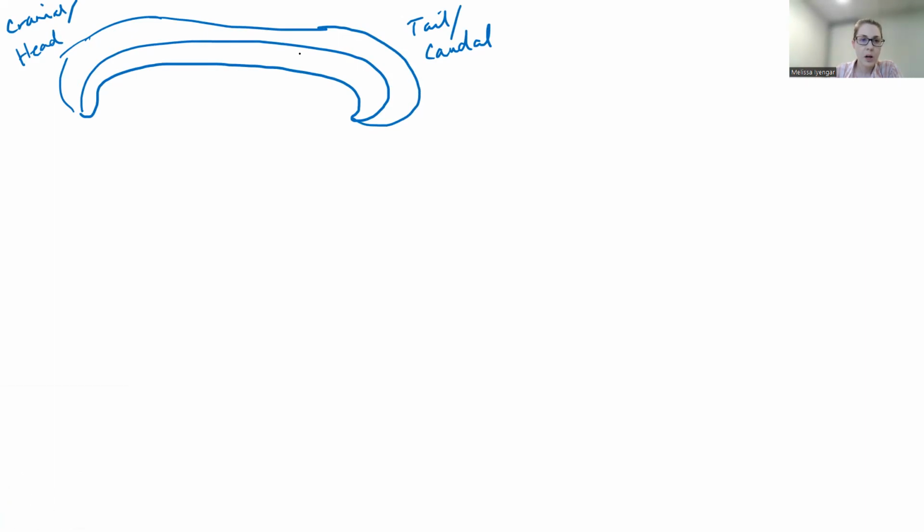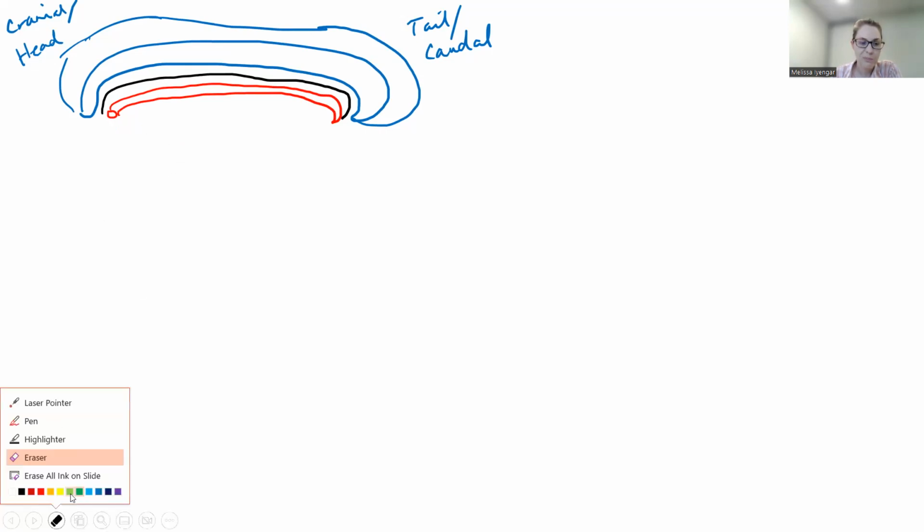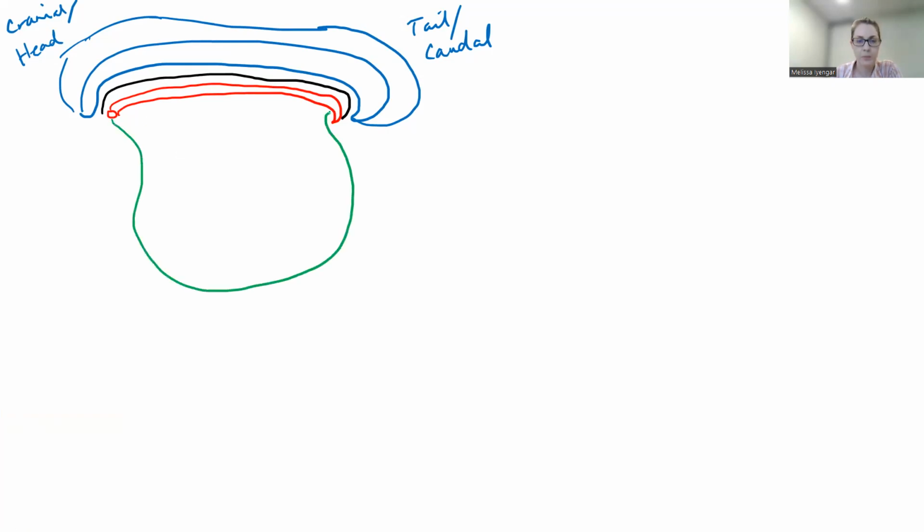Then the next thing we're going to draw is, remember, we're going to have the notochord. So I'm going to draw it in black so you can differentiate between a couple of things. And then our next tube that we're going to draw would be our dorsal aorta, like that. And then the next tube that we're going to draw is going to be the gut tube. In a very early embryo, the gut tube is pretty much just going to be a line with a bubble that comes out like that.